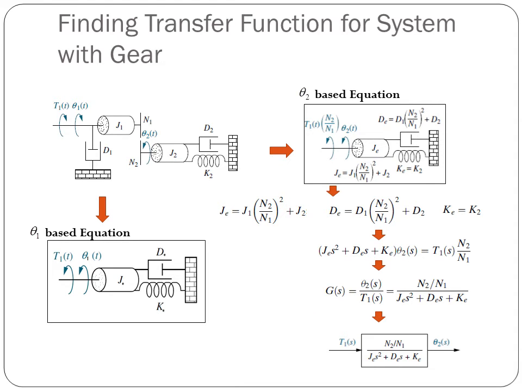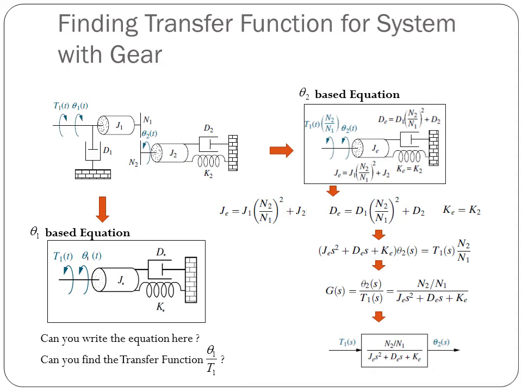Please pause the video here and try to write the equation based on theta 1 using this diagram. In this diagram there will be another equivalent J, another equivalent D, and another equivalent K. To find this equivalent J, D, and K, you have to transfer this J2 to the left side by multiplying n1 by n2 whole square, and similarly by transferring D2 and K2 to the left side. Can you write the equation? Please pause and try.